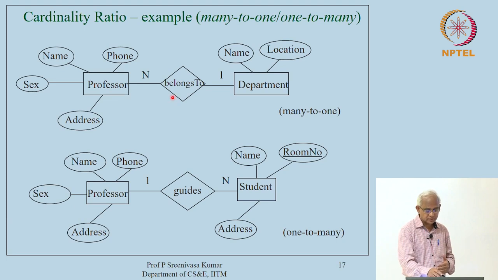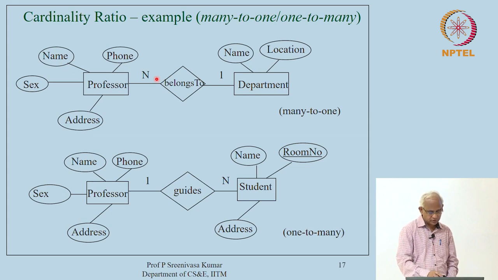Here we are now saying that a professor belongs to at most one department, whereas a department should have at least one professor and can have several professors. So, this is a many to one relationship. Right now we are only bothered about modeling the maximums, and we will see later how exactly to take care of the minimum participation also.